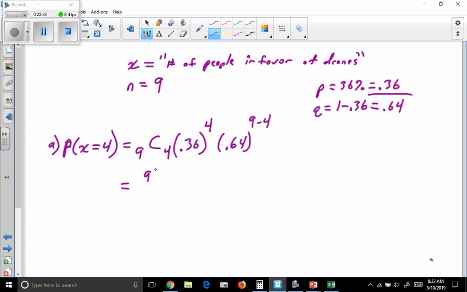So 9 factorial over 4 factorial times their difference, 9 minus 4 factorial, times the probability of success to the 4th power, the probability of failure to the 5th power, and now we just need to calculate that.